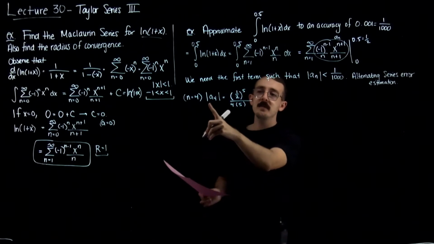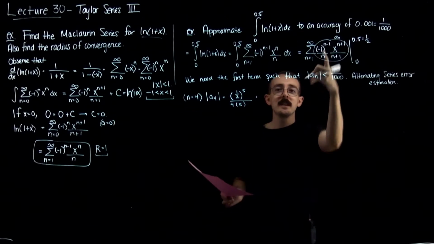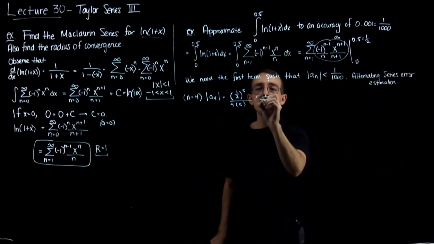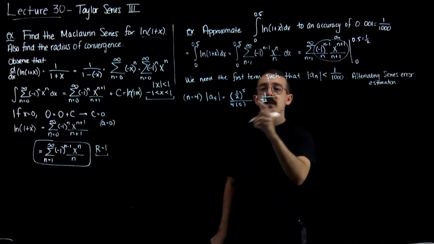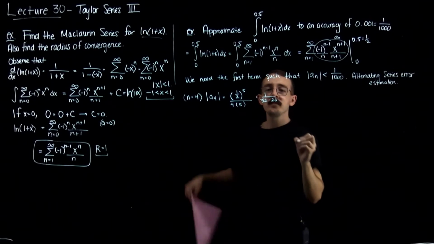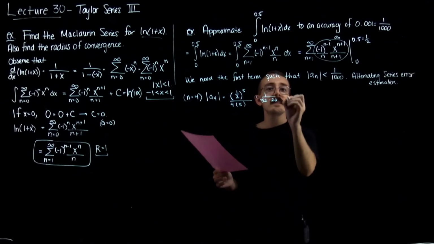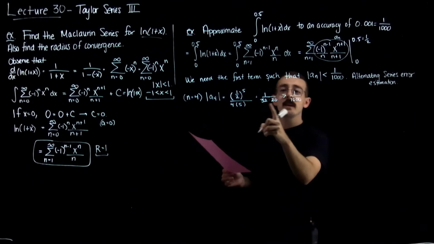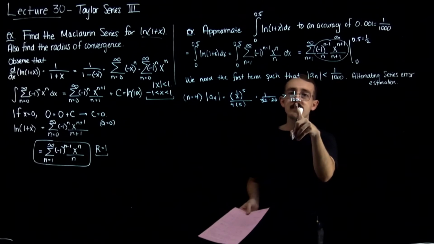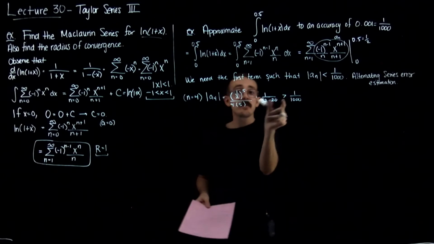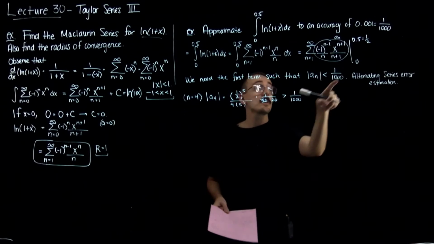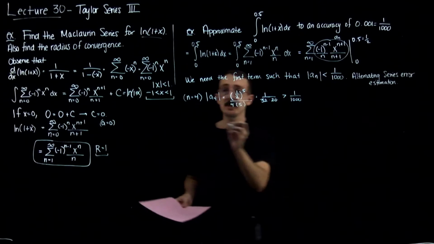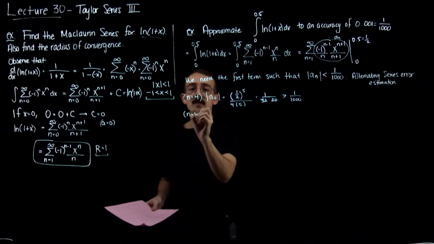What is this? This is 1 over 32, and then also multiplied on the bottom is 20. So this is actually greater than 1 over 1,000. If you multiply these together, it's not quite small enough. So we have not yet found the first term such that we're less than 1 over 1,000. That's what we're searching for to use the alternating series estimation theorem. So now I'm going to do 5.